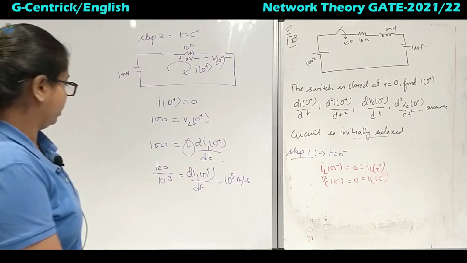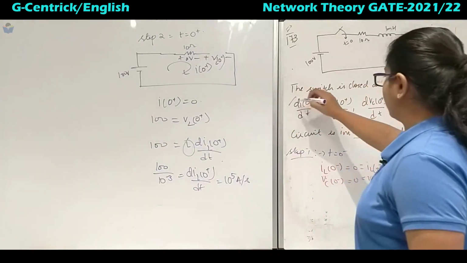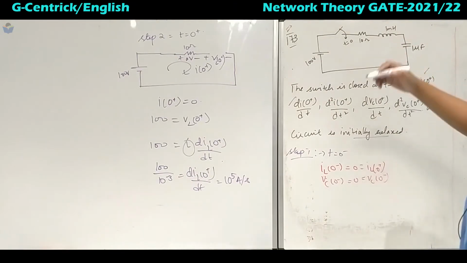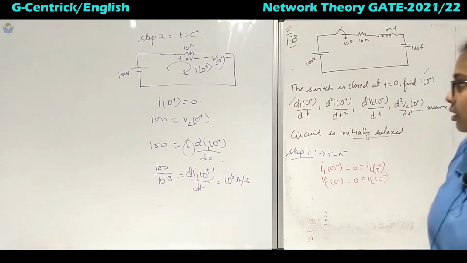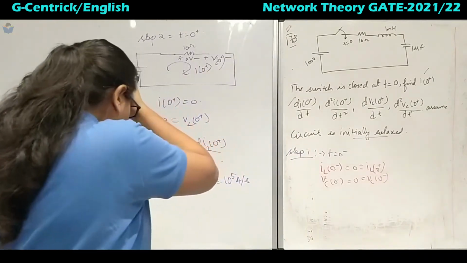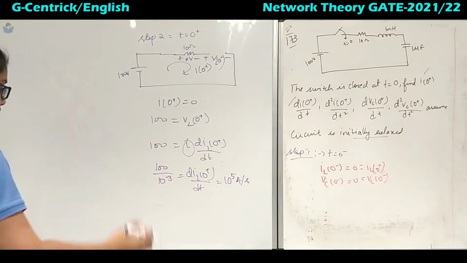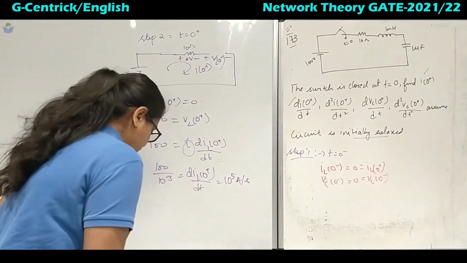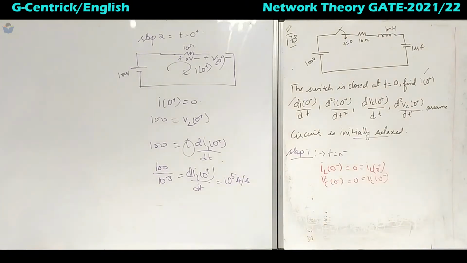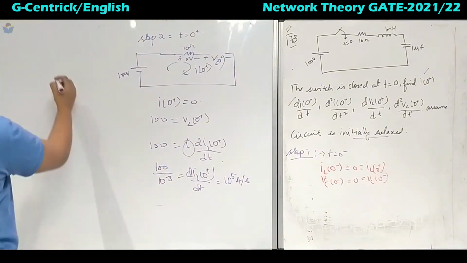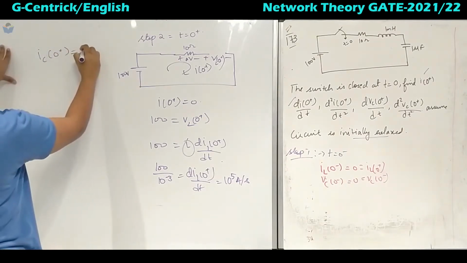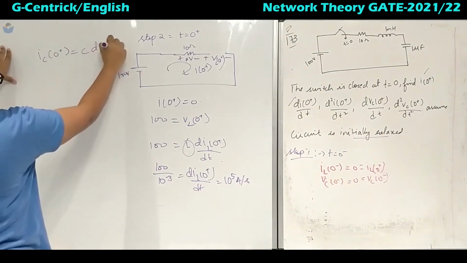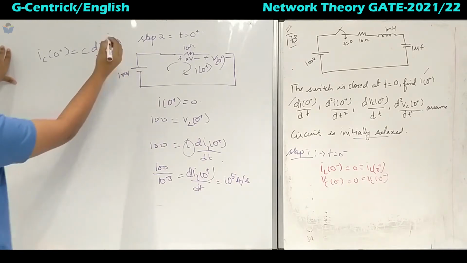Next, what do we have to find? This one is there and this one also is there. We got it as 0, and we have to see VC of 0 plus. So what will be the VC of 0 plus? We can write the current through the capacitor as C dV by dt.